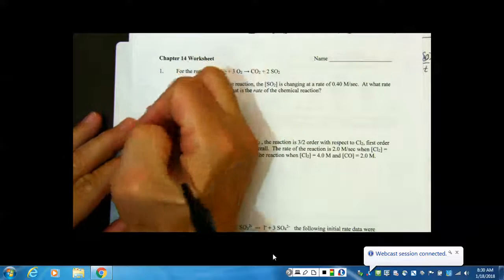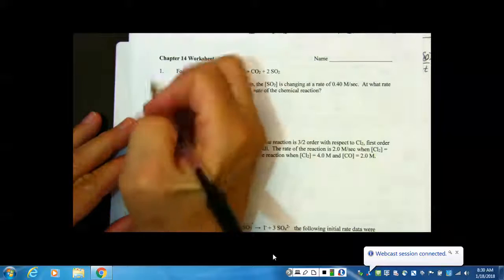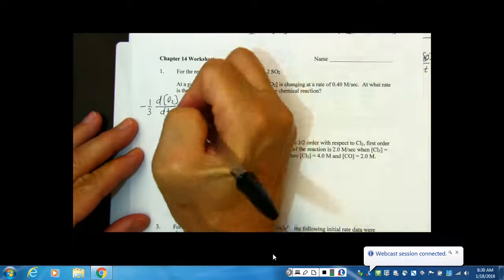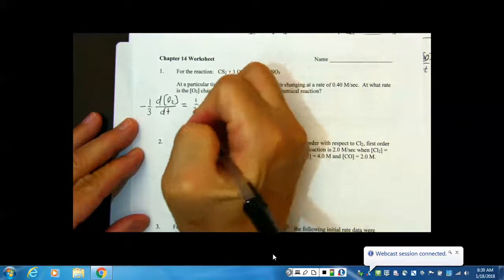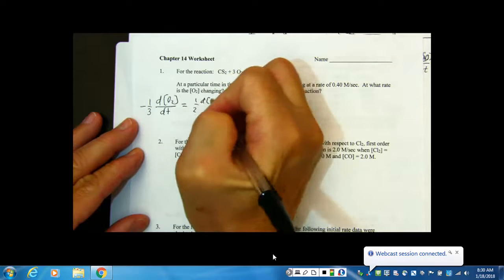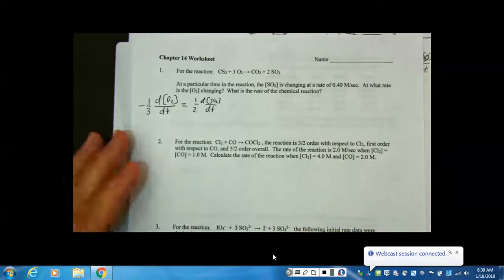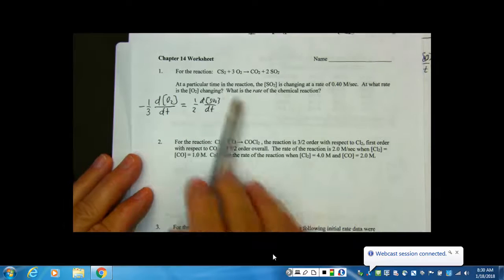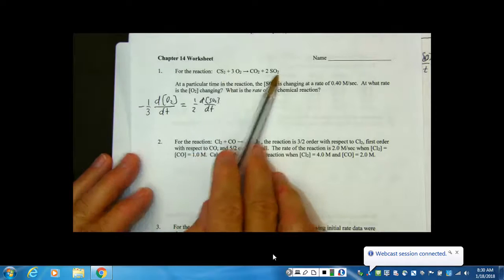Okay, so the relationship that we were talking about is -1/3 d[O2]/dt is equal to 1/2 d[SO2]/dt, right? So you got a good feel for this without having to do the equations, right? You see that's a 3 to 2, so it's got to be 1.5 times as great, and it's a reactant instead of a product, so it's negative.